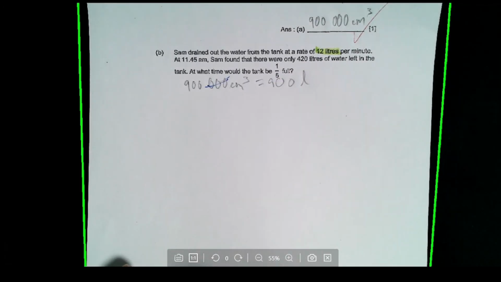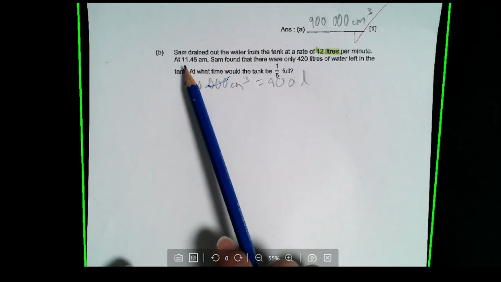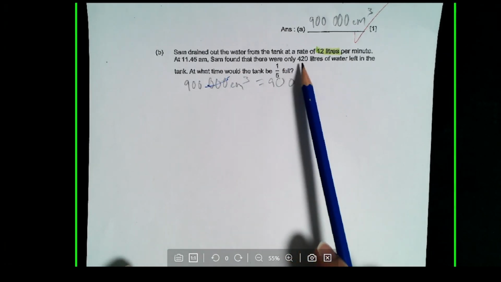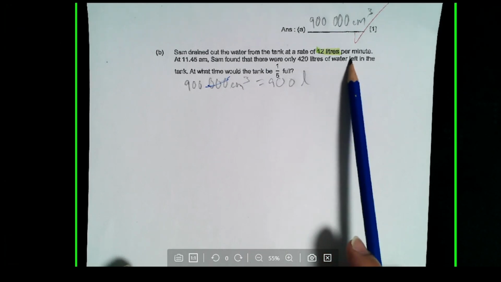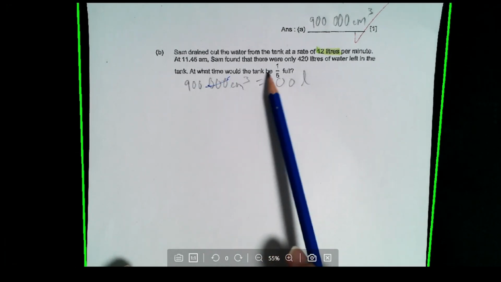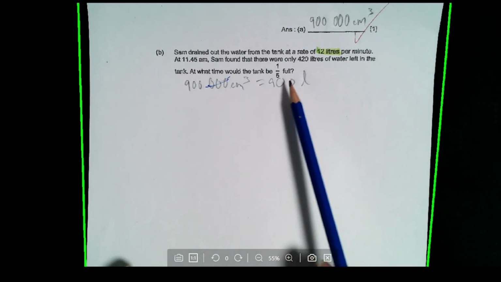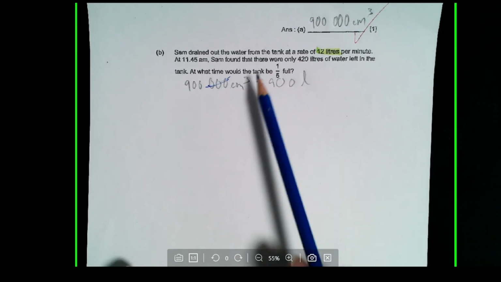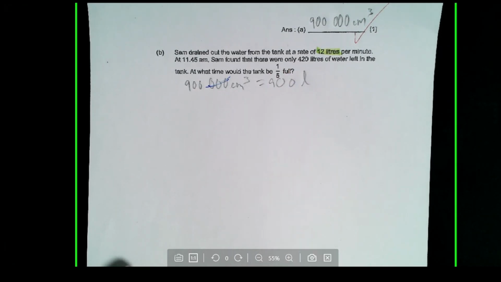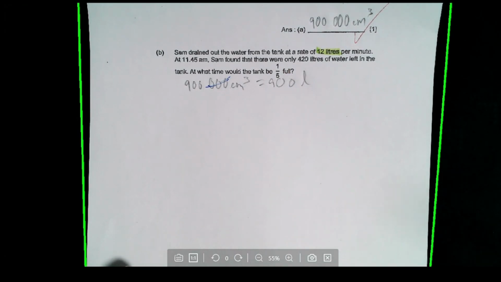Again, at 11:45 a.m., Sam found that there are only 420 liters of water left. At what time would the tank be 1/5 full? So by the end of the story, it should be 1/5 full. But 1/5 full is how many liters? We don't know.